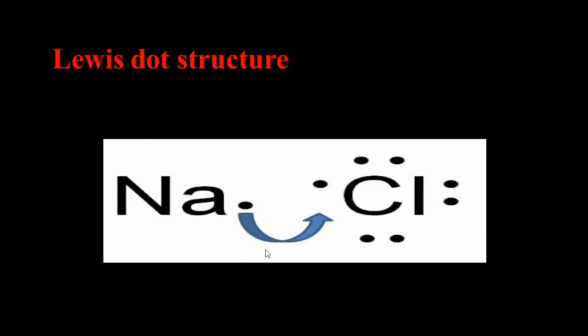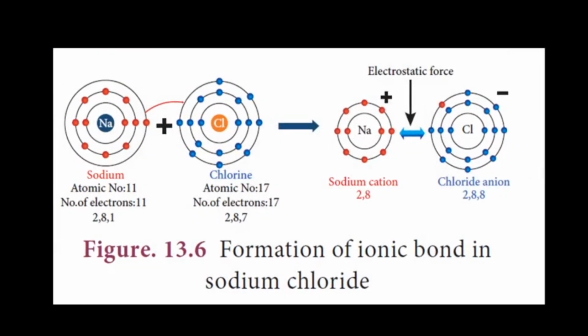This one is transferred to here and forms Na plus and Cl minus, which join together and form a sodium chloride molecule. So this is the example of the formation of sodium chloride molecule by electrostatic force, forming an electrovalent bond.